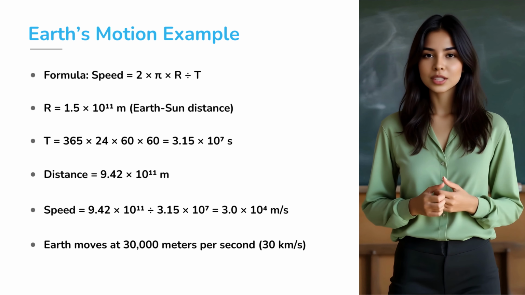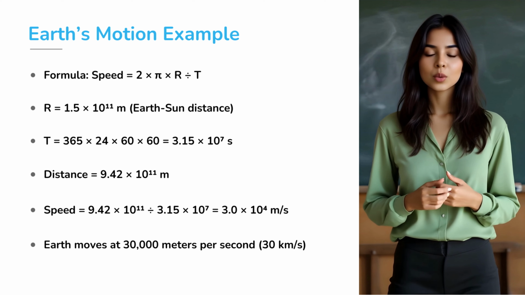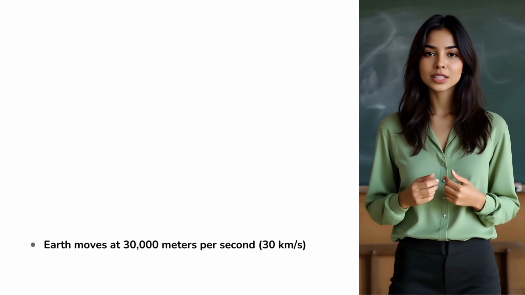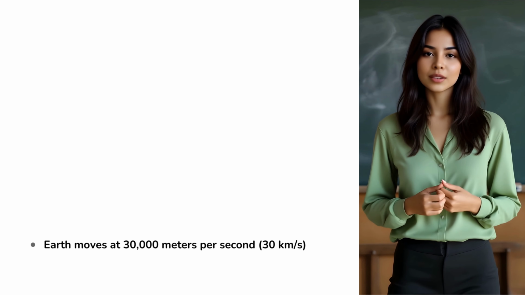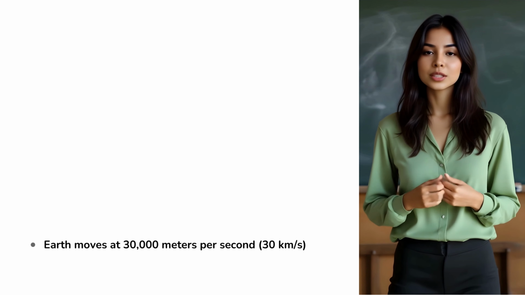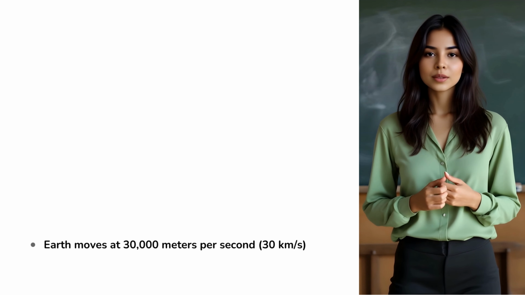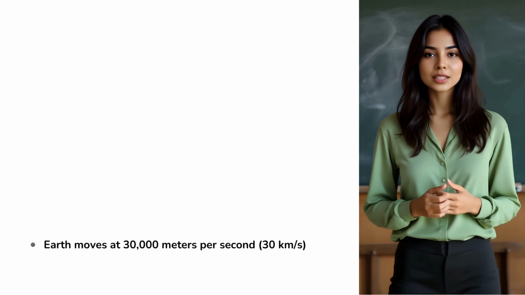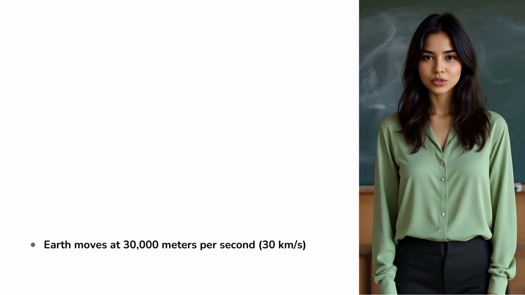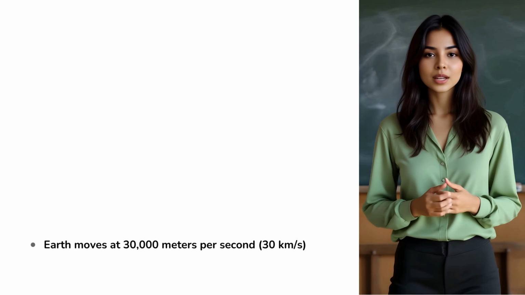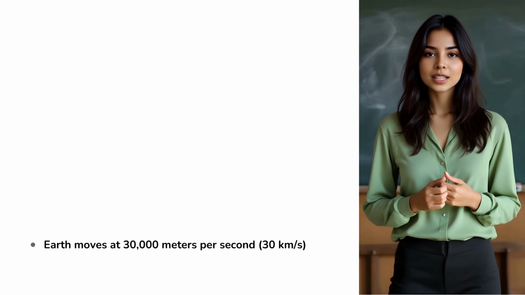Now let's compute the time Earth takes to complete one orbit. Spelled out, T equals 365 days multiplied by 24 hours per day, multiplied by 60 minutes per hour, multiplied by 60 seconds per minute. That equals 3.15 × 10^7 seconds.